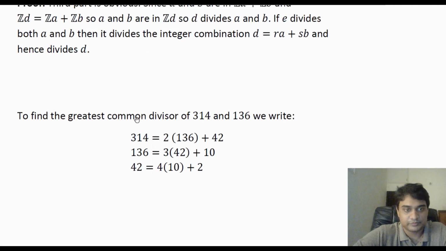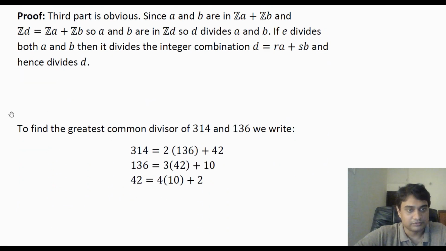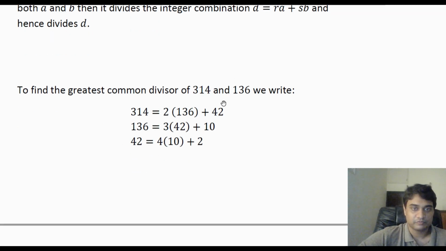Okay, now one application of the things that we have already learned. We find the greatest common divisor of 314 and 136. Actually, this example is from the book Algebra by Michael Artin. First we divide 314 by 136. The answer is 2 and the remainder is 42.